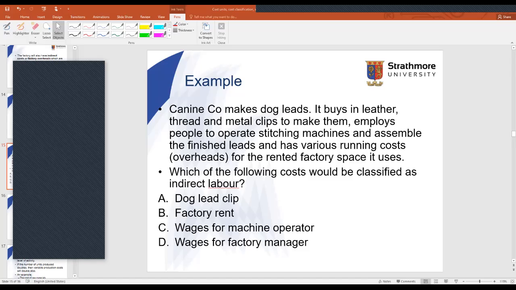How do we classify C? Yvonne, how do you classify C? Can I say indirect materials? C, go through it. This is wages, so it can't be material.